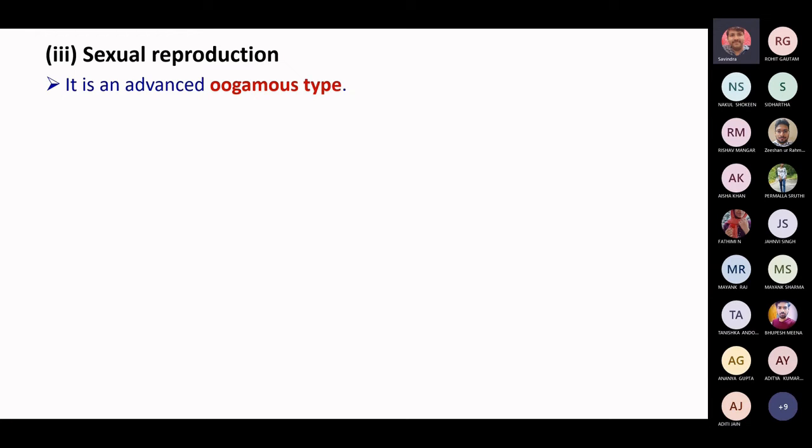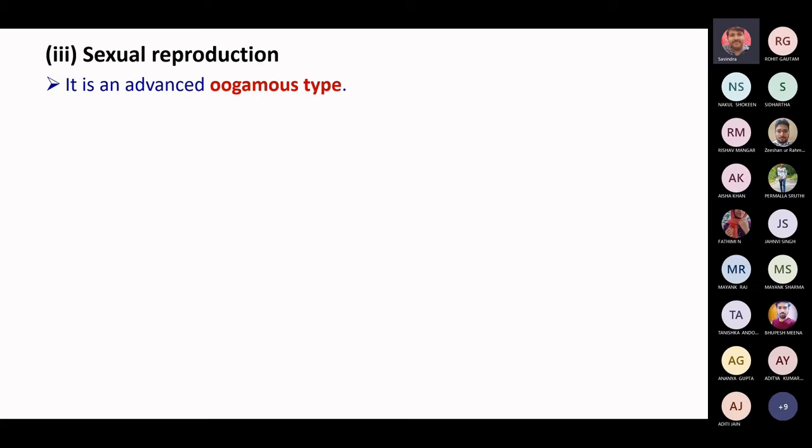Yes. So large, non-motile female gamete, small, motile male gamete. This is the basic difference in the oogamous type.